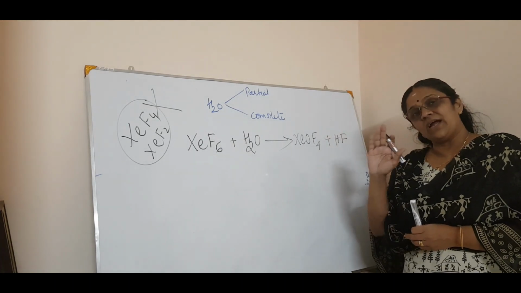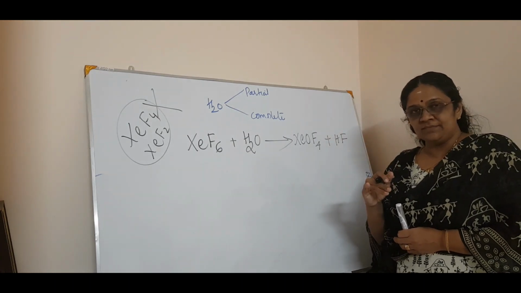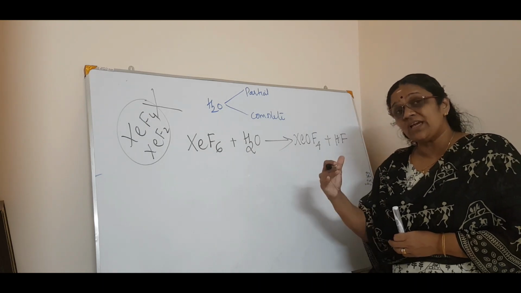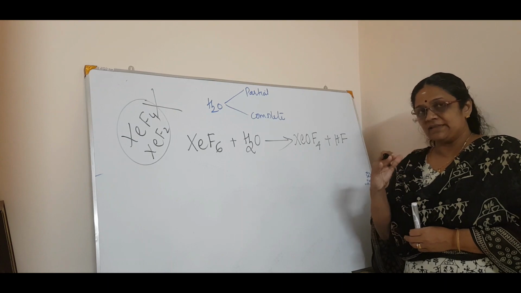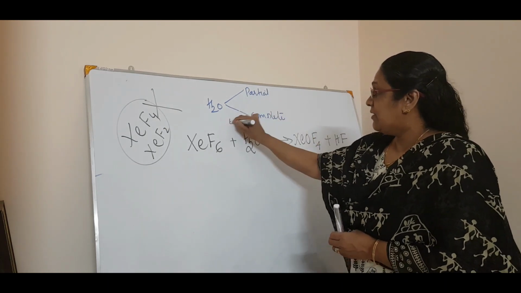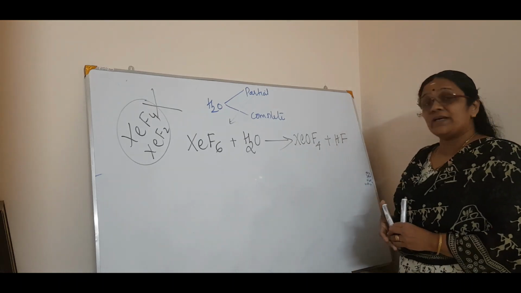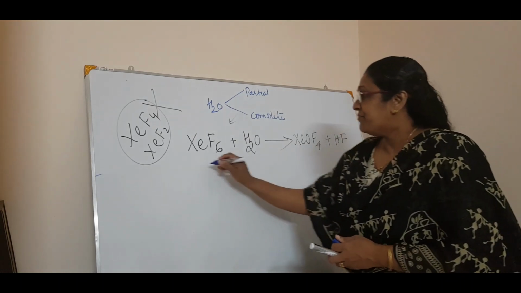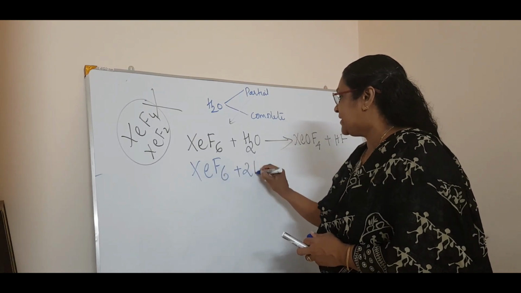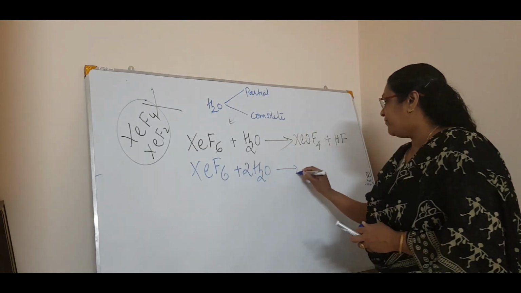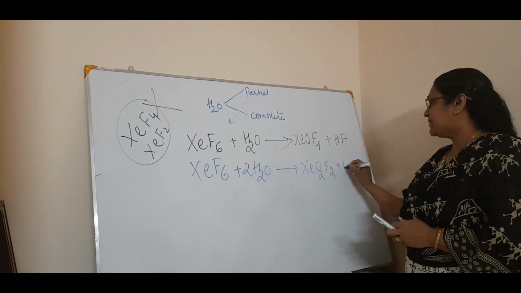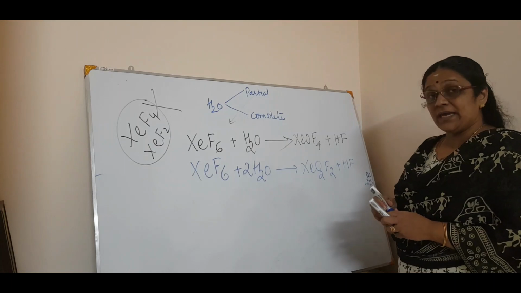Complete hydrolysis or hydrolysis, the three you have to study. Out of which XeF6 and XeF4 has got XeO3 as one of the products. Remember that. Okay. Now XeF6 partial hydrolysis will give you XeOF4 plus HF. And again one more thing, XeF6 plus partial hydrolysis, that is 2H2O, will give you XeO2F2 plus HF. So this you have to keep in mind.